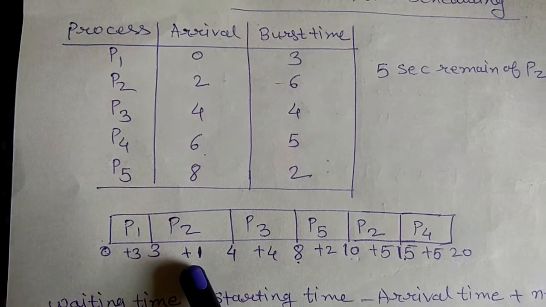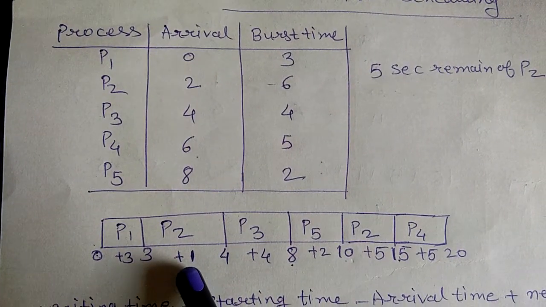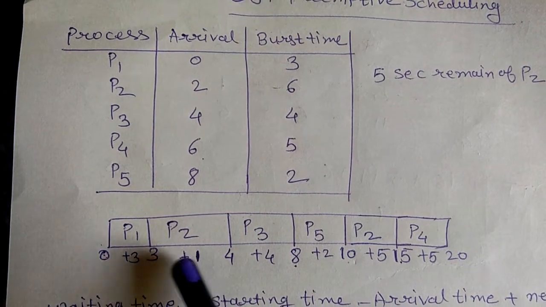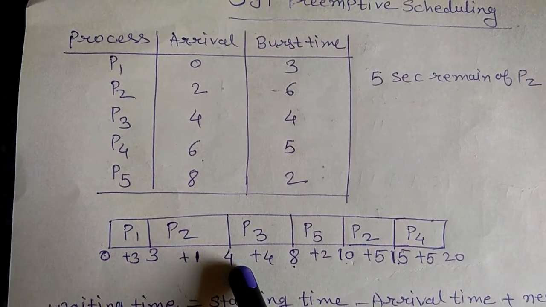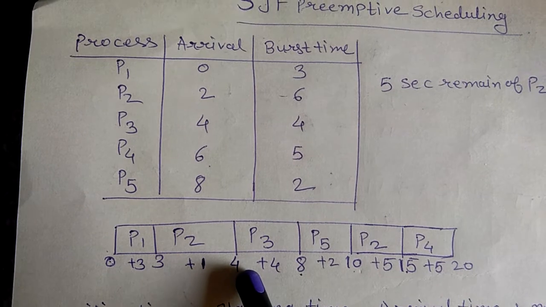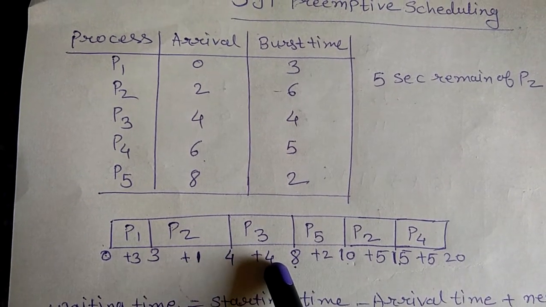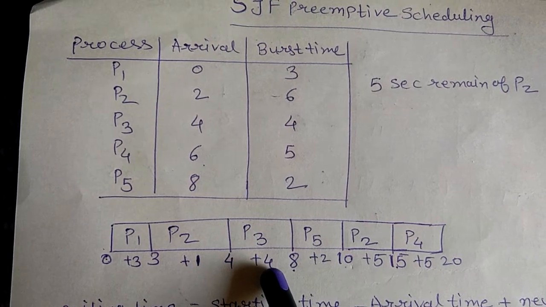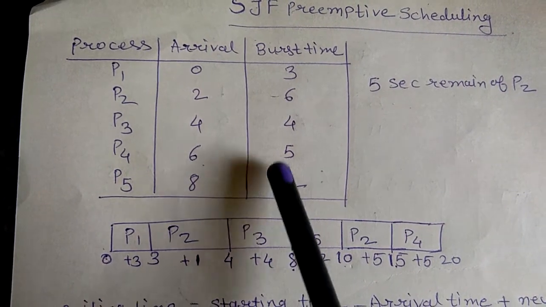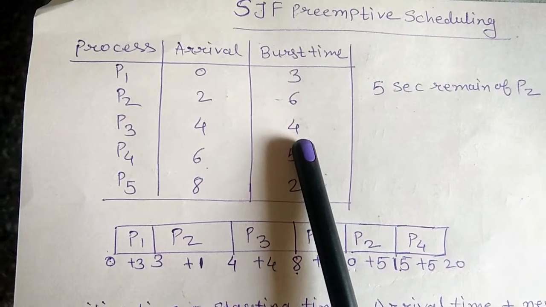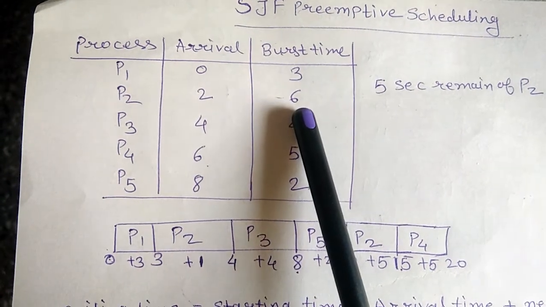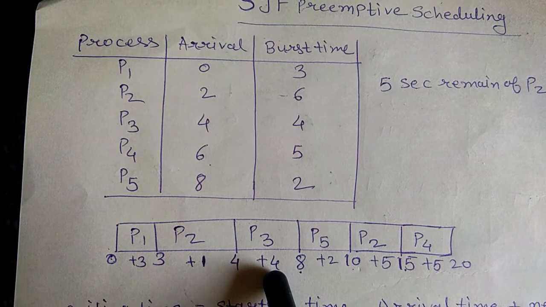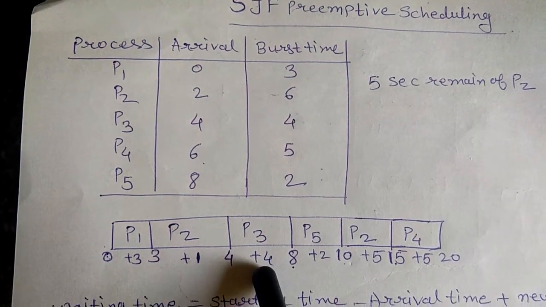So 3 plus 1, 4. So at the 4th second, process P3 has started. Process P3 doesn't need to vacate itself, because the burst time of process P3 is quite smaller than the burst time of process P2. So P3 has completed its execution.